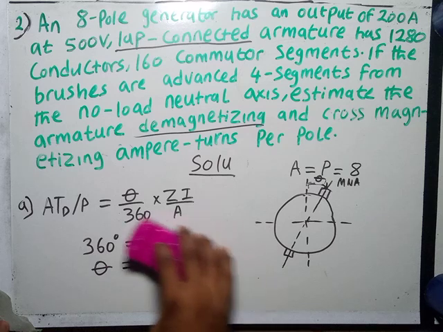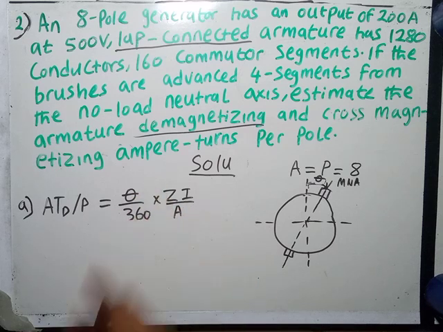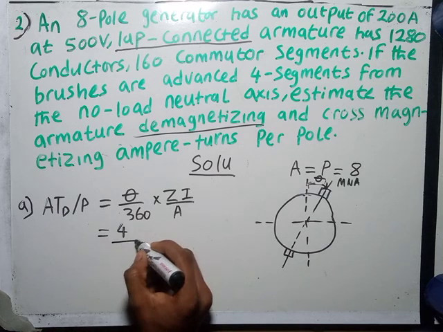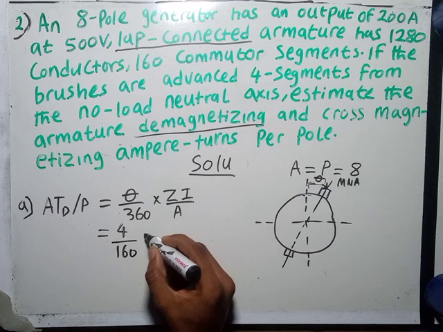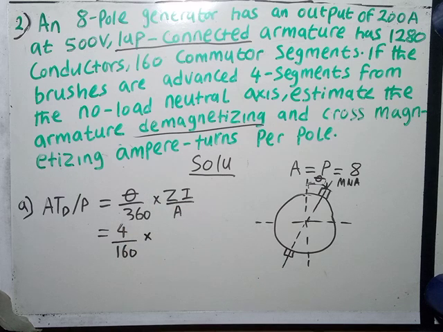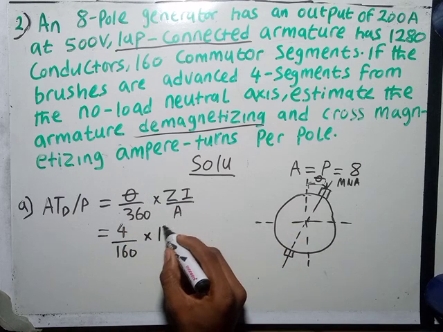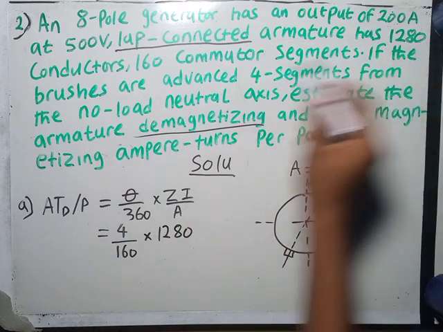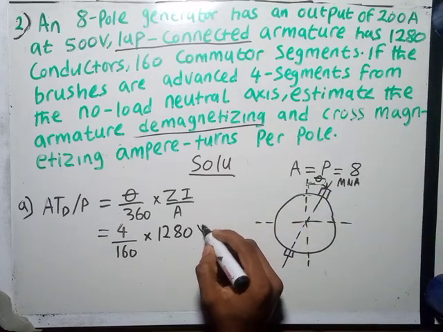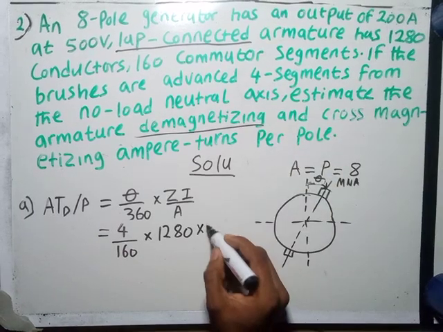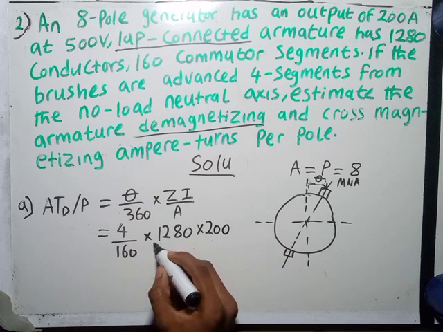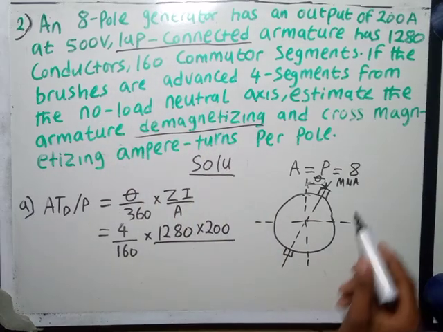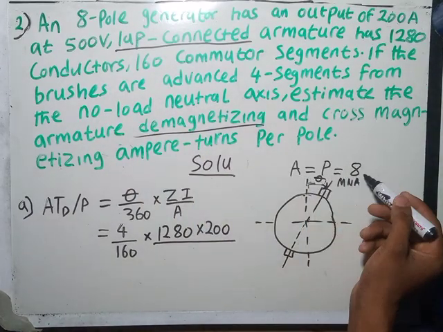So when we replace these two, we have it to be 4 over 160 times our Z being 128. Our Z is the number of conductors. We multiply it by our current, which is 200, and divide by our A. And since in this case we are talking about a lap connected armature, meaning that we are using the number of poles, which is 8.